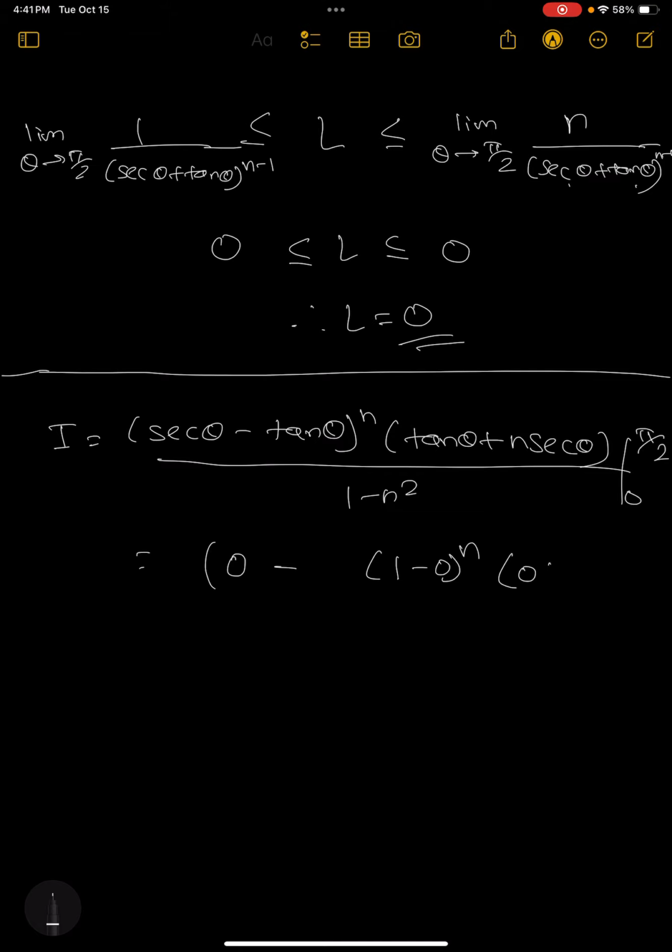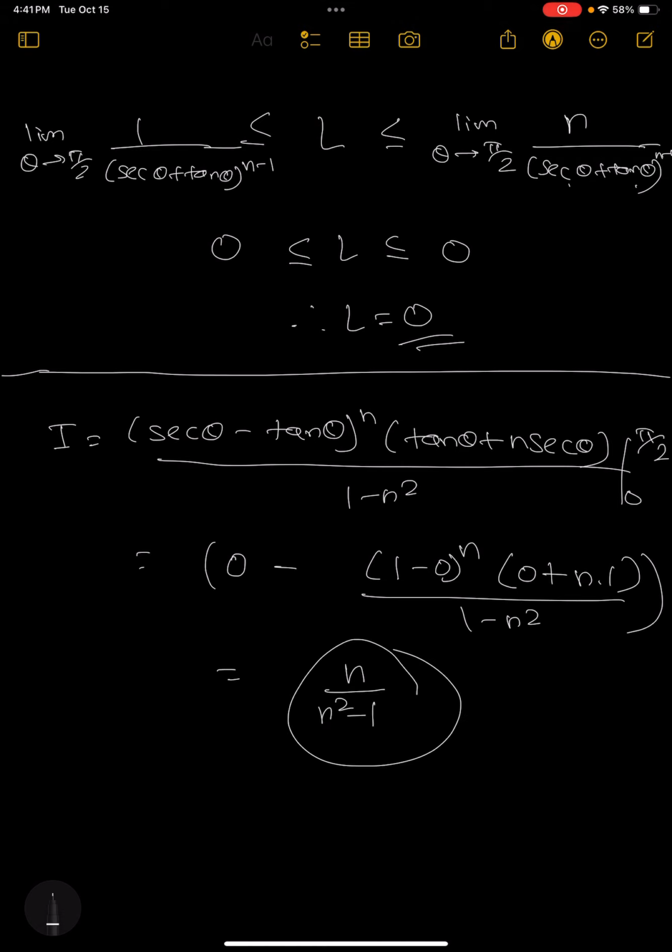Tan 0 is 0, plus n times sec 0 which is 1, divided by 1 minus n square. So this is now n by n square minus 1. So this is the required answer of our original integral, right?